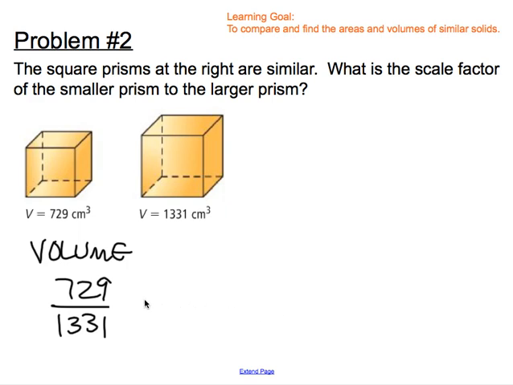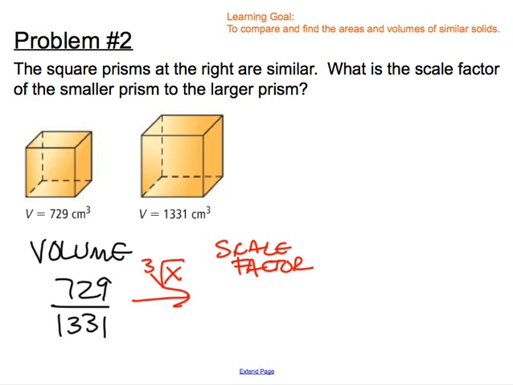So the next thing that I have to do in order to get this into scale factor land, I have to take the cube root of both numbers. So I'm looking for a number that multiplied by itself 3 times gives 729.